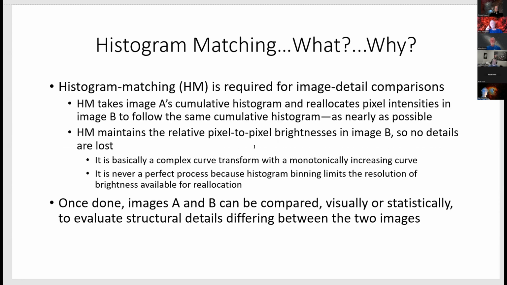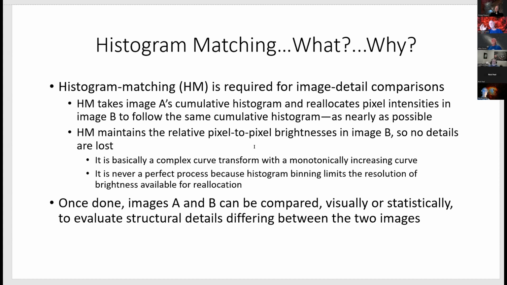Okay, histogram matching. It was one of the early steps I needed to do. It takes a cumulative histogram of one of the images and relocates the pixel intensities in the second image to match those in the first image as closely as possible. And it does this by not rearranging the order of the brightness of any of the pixels. I'm not sure what the right mathematical word for it is, but it's consistent.